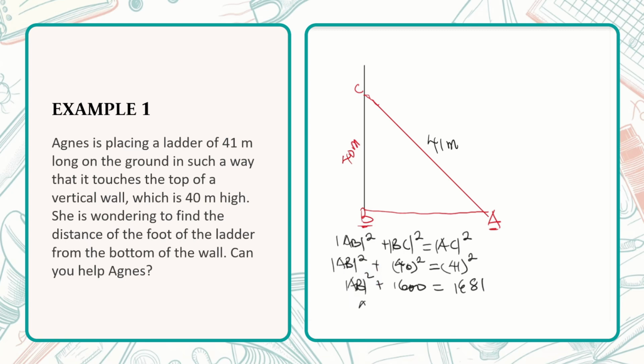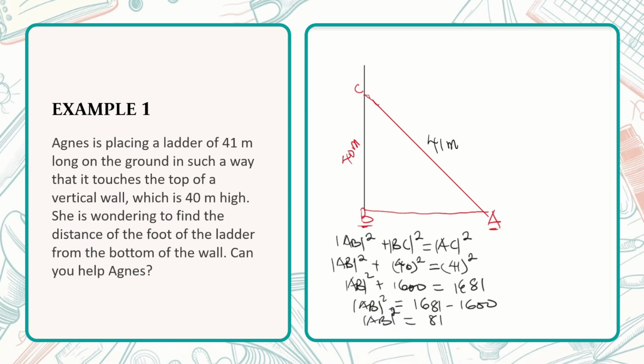In order to find AB alone, we are going to have 1,681 minus 1,600. So AB squared, the square of the foot of the ladder, is equal to 81.